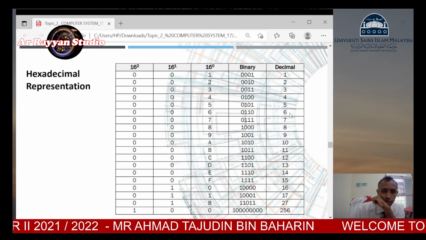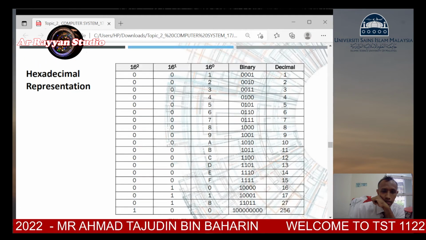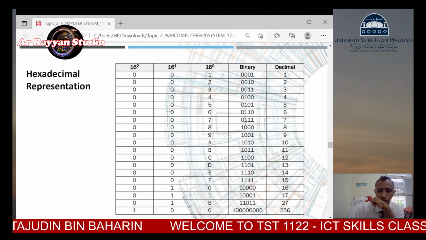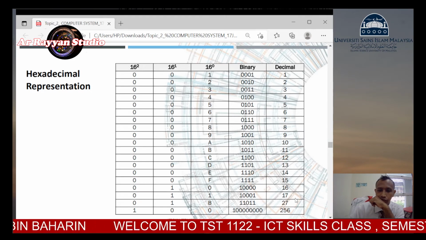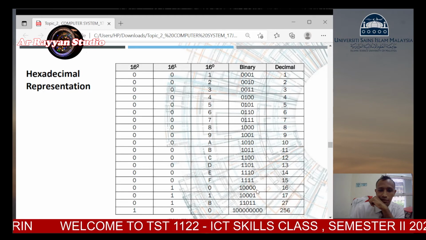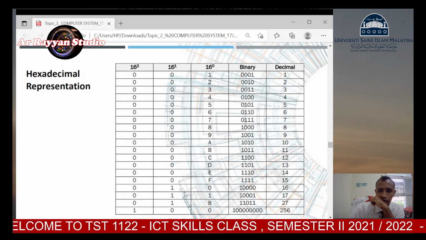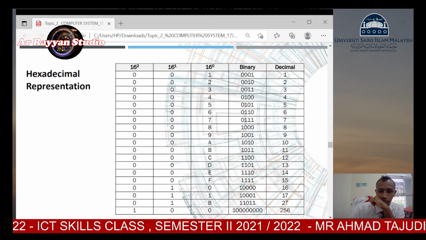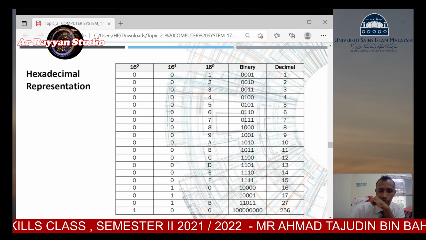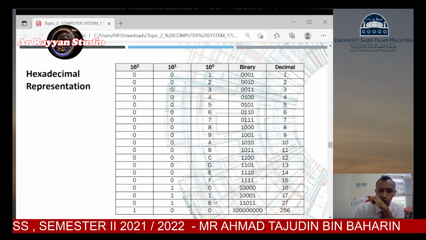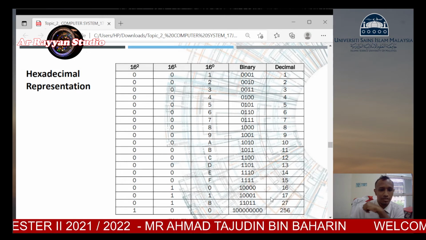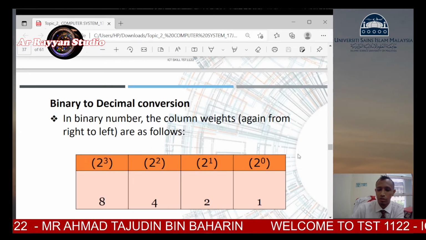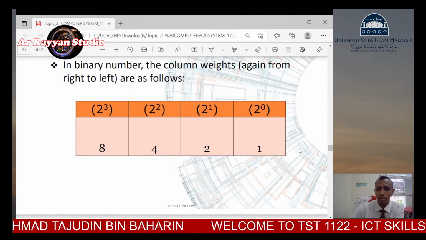Okay, so dekat sini kita ada, start dengan 10 dia dah jadi A, sampai 15 jadi F, and then yang ke-16 dia akan pindah dekat power of 1. Okay, 16, 17, 18 sampai 27, sampai nombor 27 dia akan jadi B dan seterusnya. So dia ada pengiraan ni sendiri. Korang nak hafal pun boleh, tak nak hafal pun tak apa, nanti bila kira korang akan dapat juga.